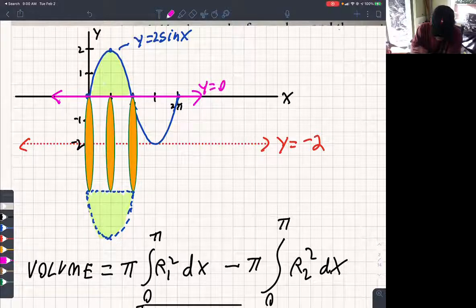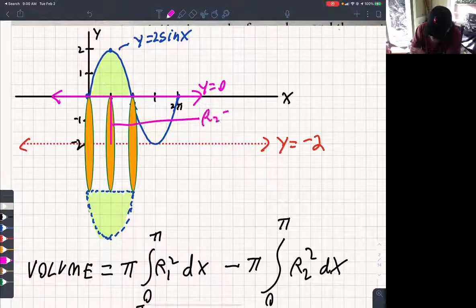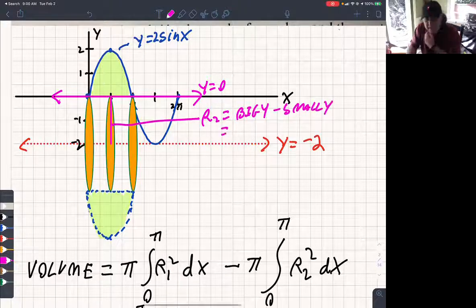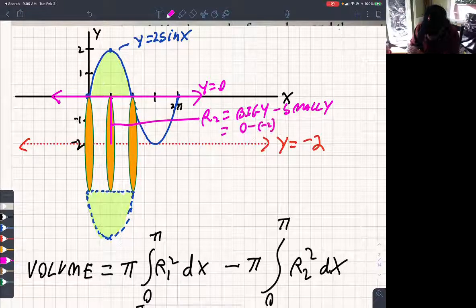So here is your R2. It goes from your axis of rotation to your graph, which is y equals 0. So that's going to be R2, which is big Y minus small y, which is 0 minus -2, which is 2.